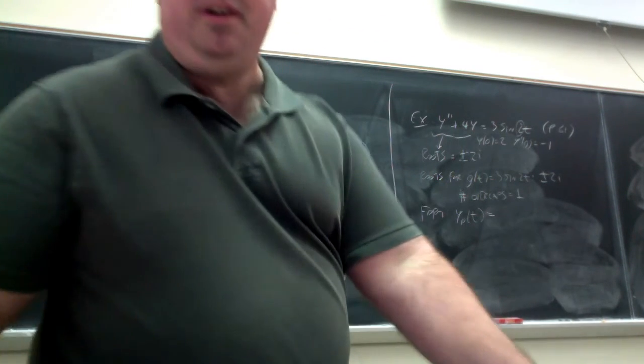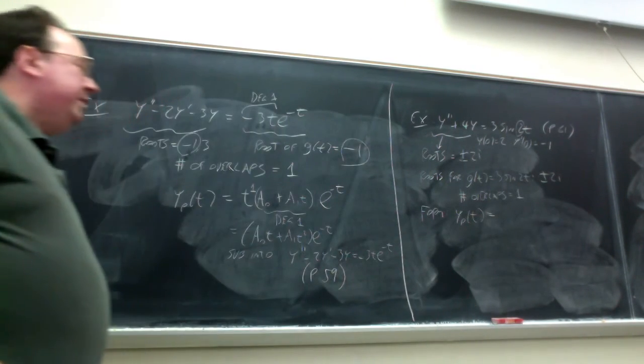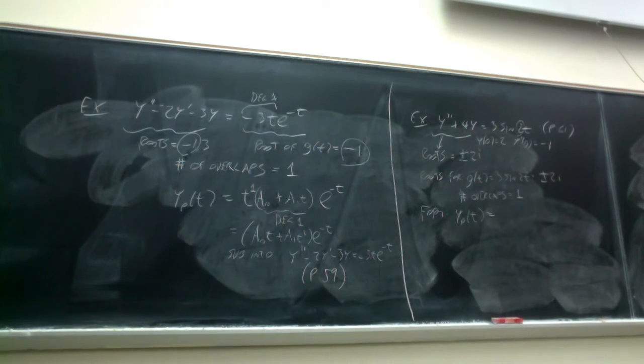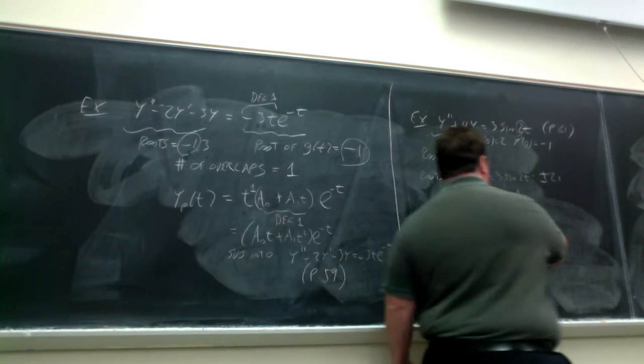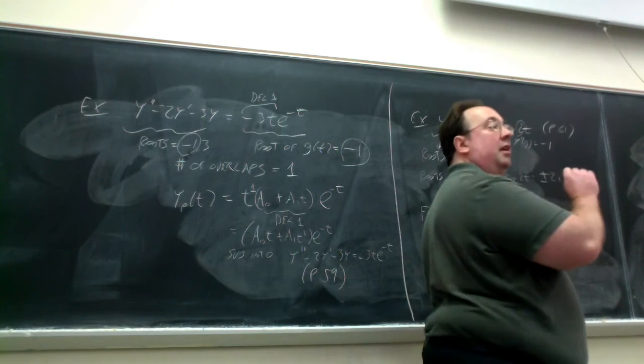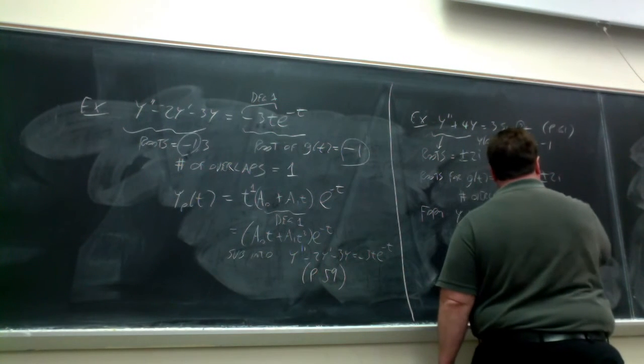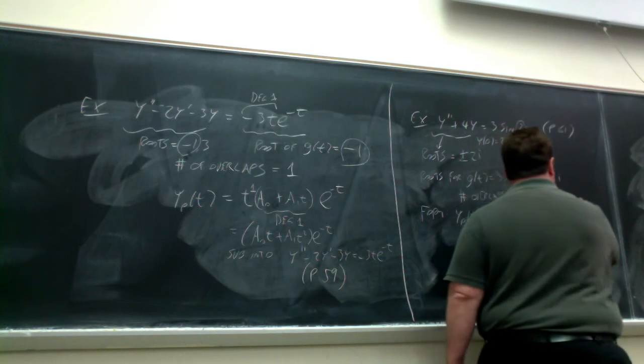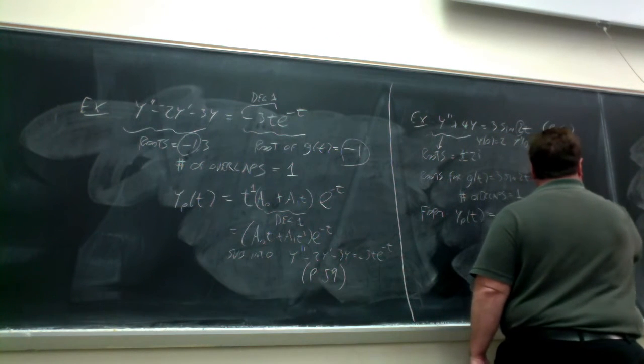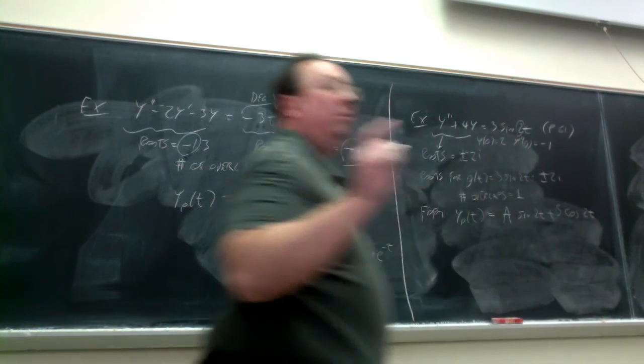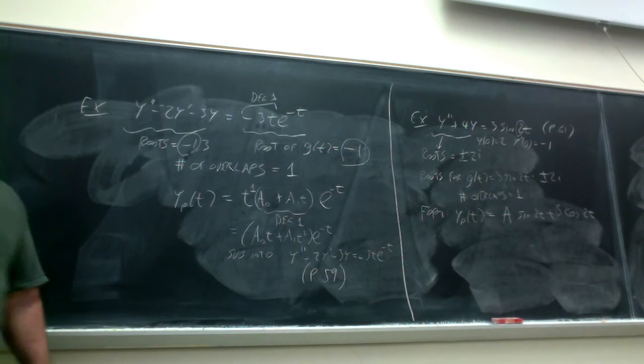So what do you think the form should be then? A sine 2t plus b cosine 2t. Almost. What else do we need? Times t.